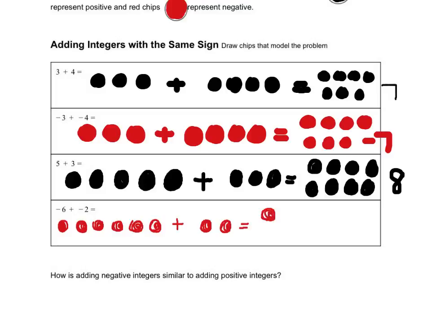I count up how many I have, and there are 8 of them. But because they are red, it's a -8. So when adding with the same sign, whether they're both positive or they're both negative, we simply add like normal.